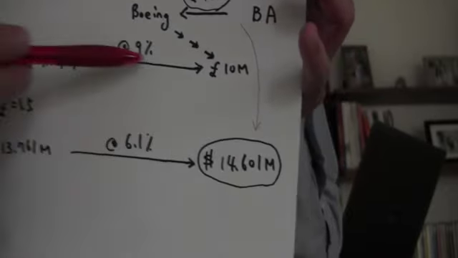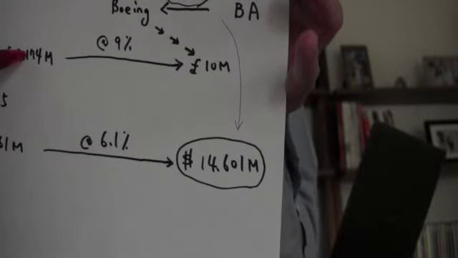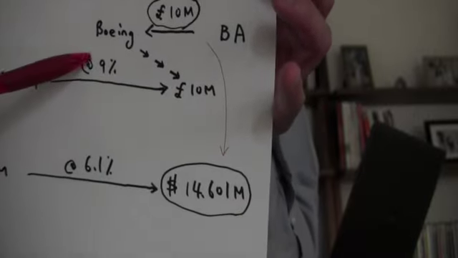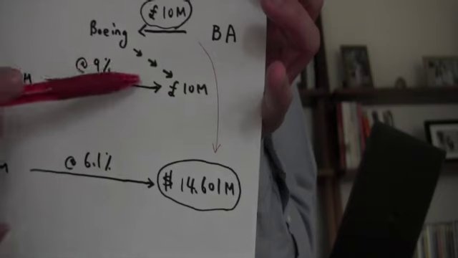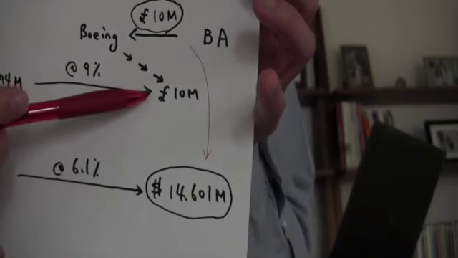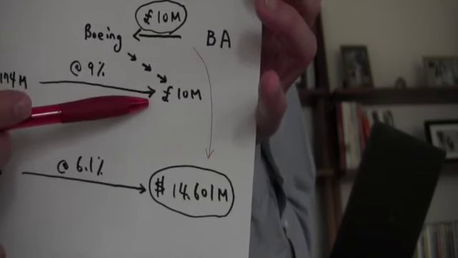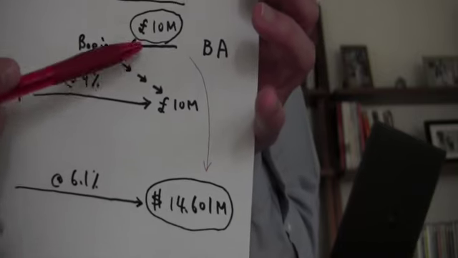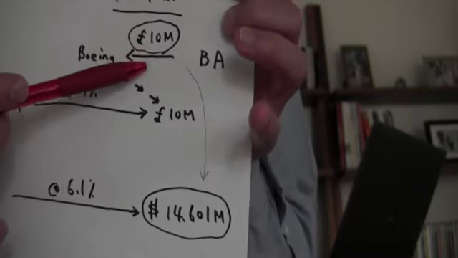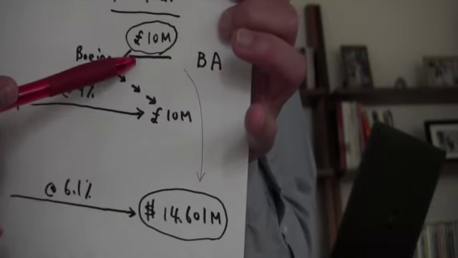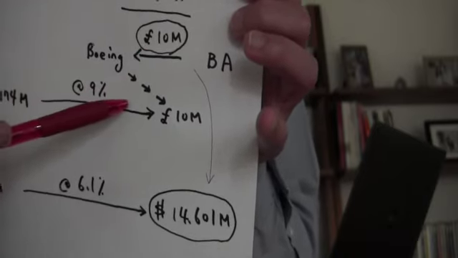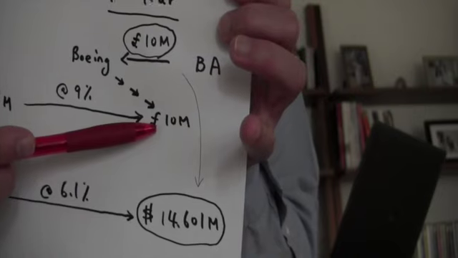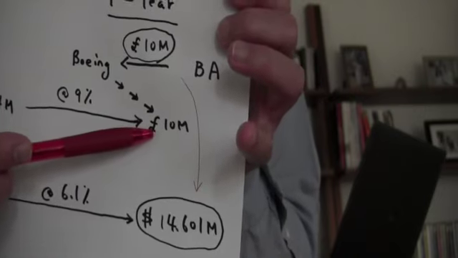So a year later, when you borrow this amount at the 9% interest rate, that would mean that we will need to pay 10 million pounds back to the bank that we borrowed money from. And once we receive this 10 million from British Airways, we use it to pay off this 10 million liability that we owe to the bank.